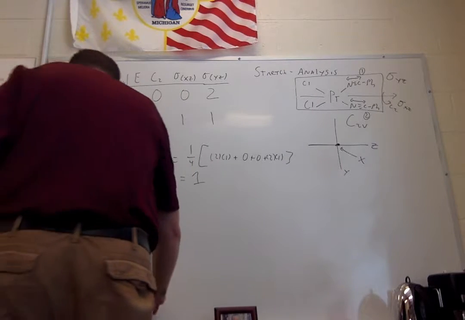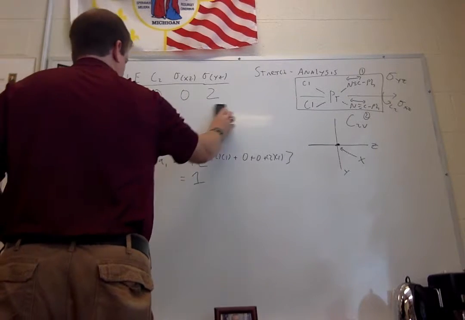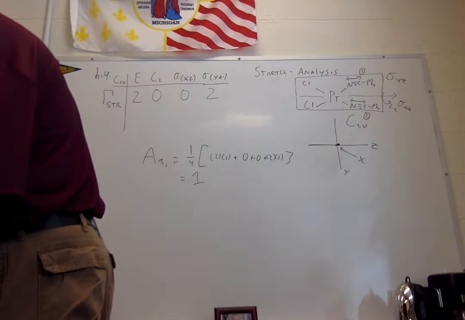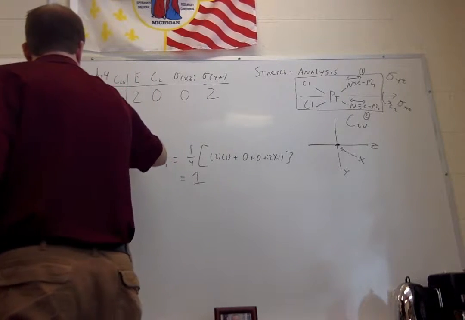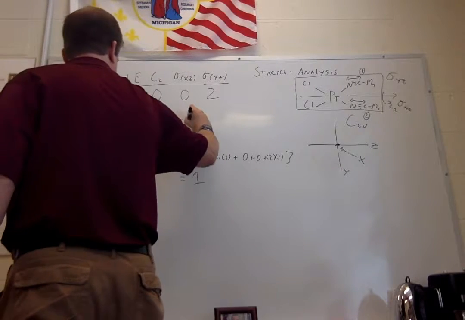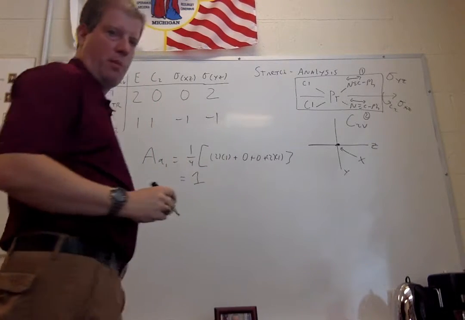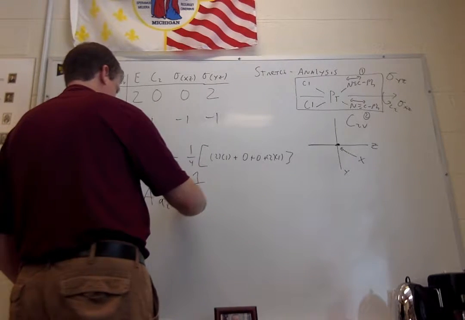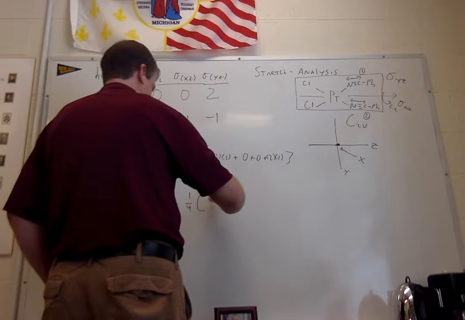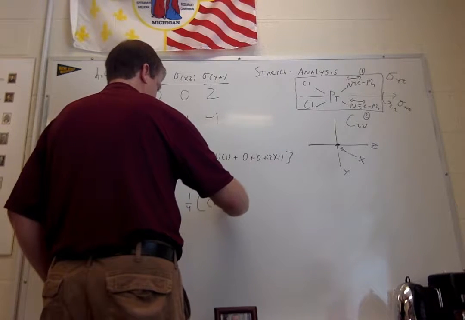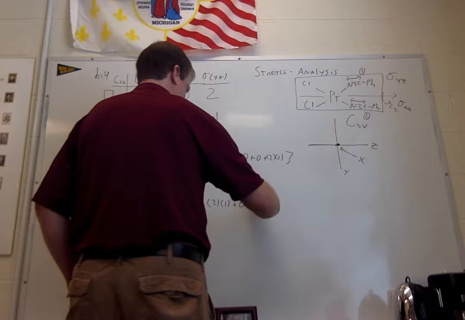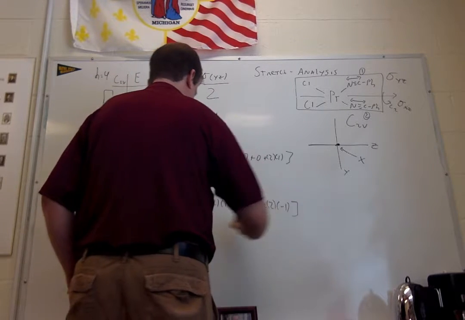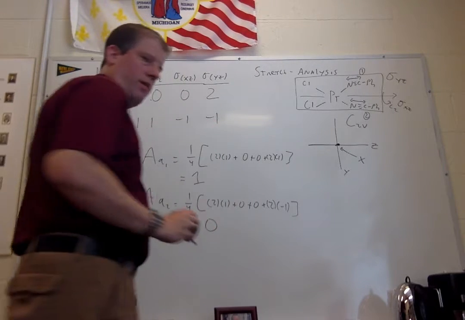If we now then consider the next one down, which is on the character table A2, you can probably already see what's going to happen there. We have 2 times 1 plus 0 plus 0 plus 2 times minus 1, which gives us 0.